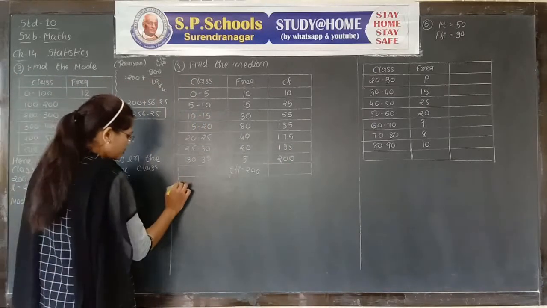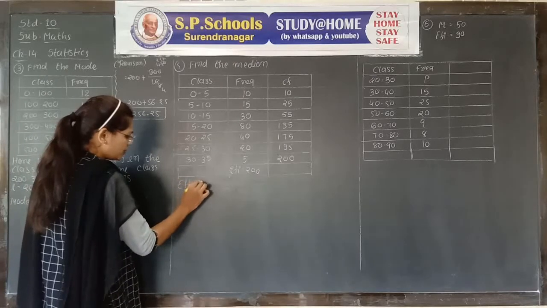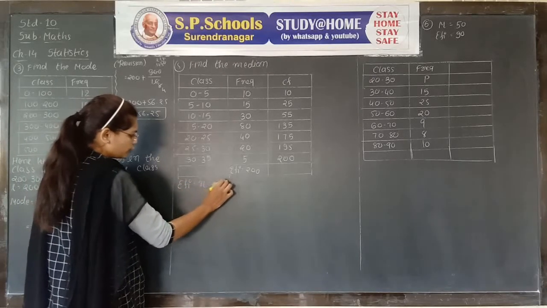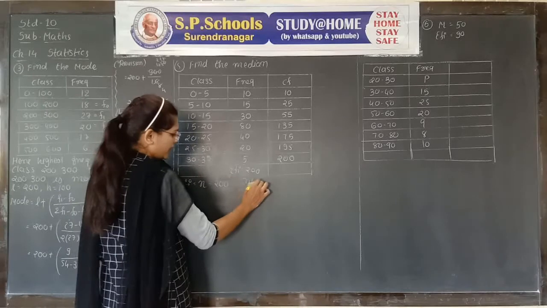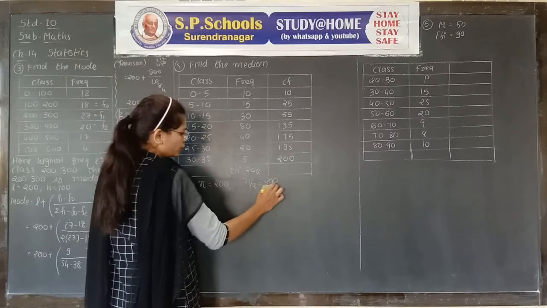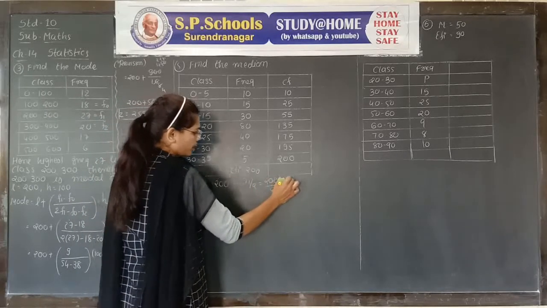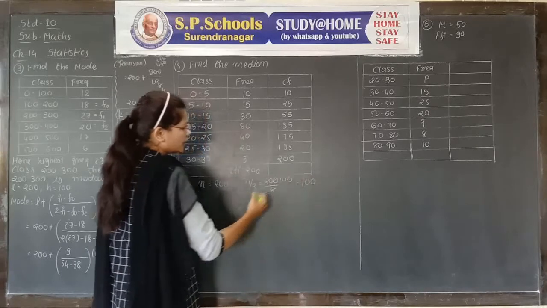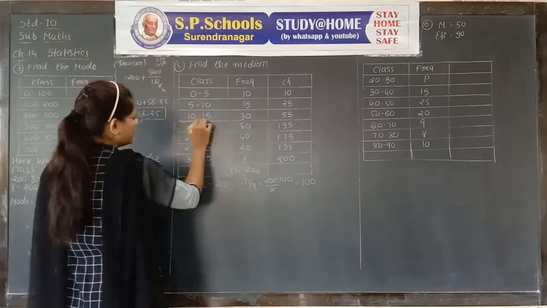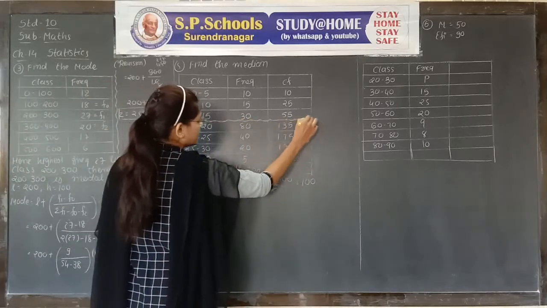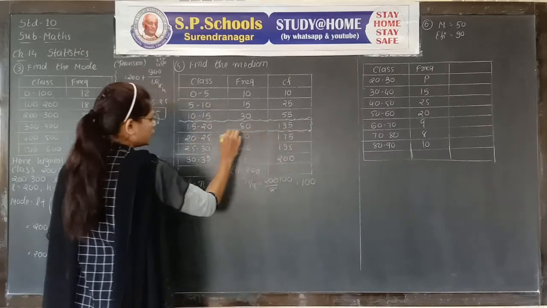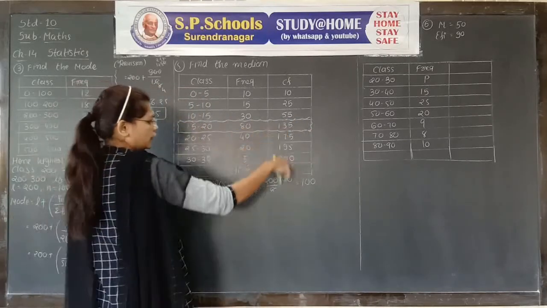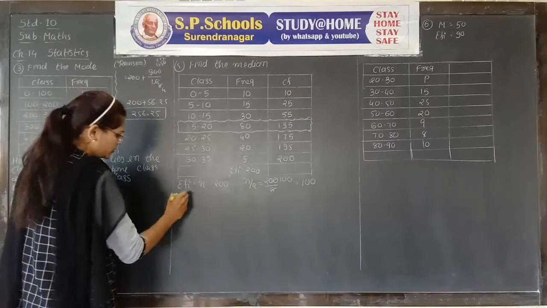Now we decide the median class. For that, sigma fi, n, is equal to 200. That's why n upon 2 is equal to 200 upon 2, which is 100. Here the first cumulative frequency greater than n by 2 is 135. 135 is first greater than 100.